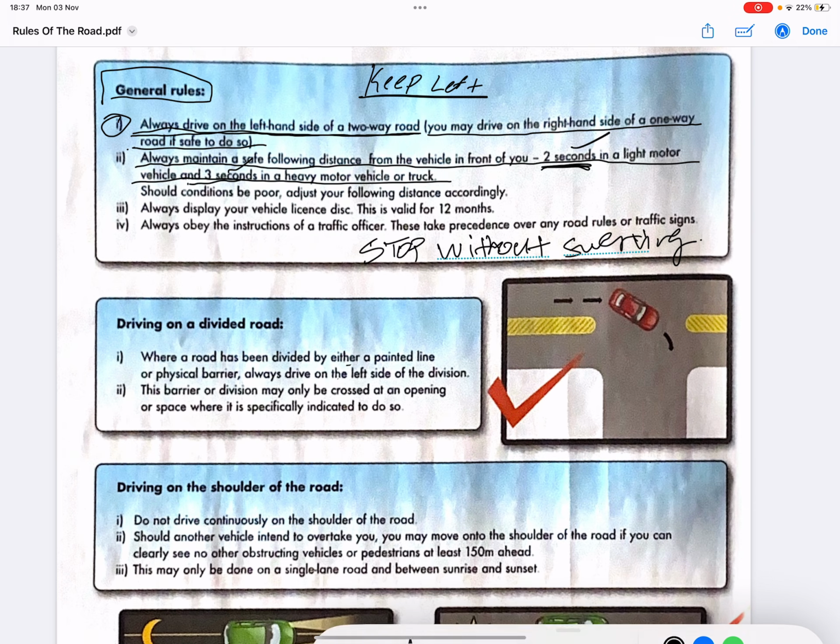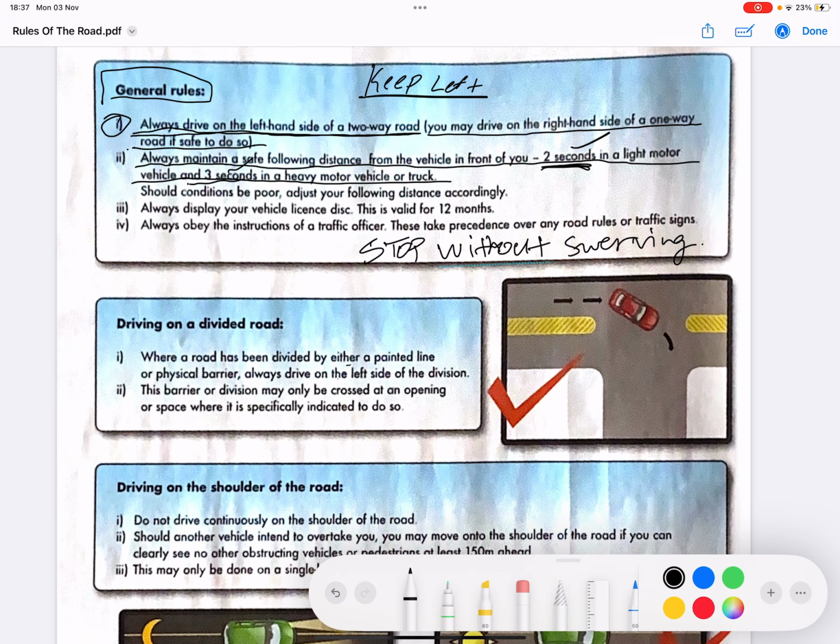If you are able to stop your vehicle without driving to the side trying to avoid bumping into it, then you are keeping a safe following distance.